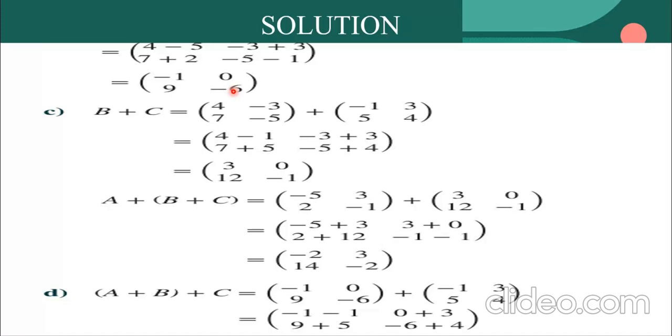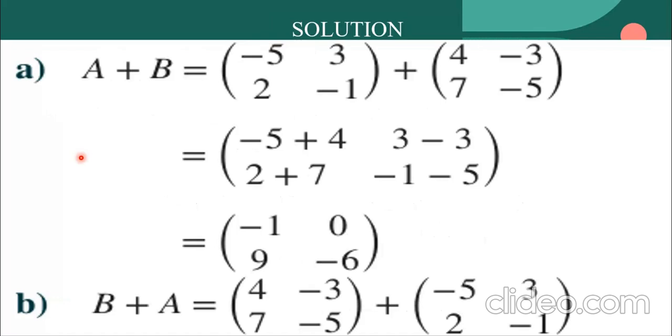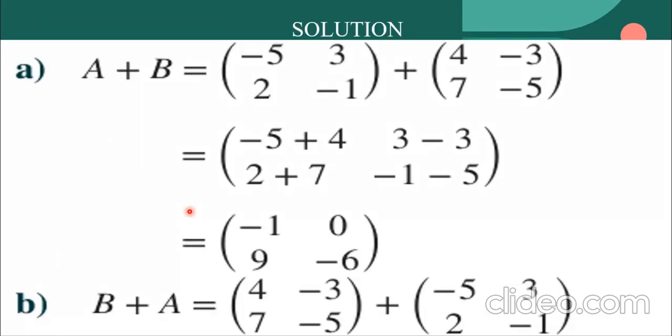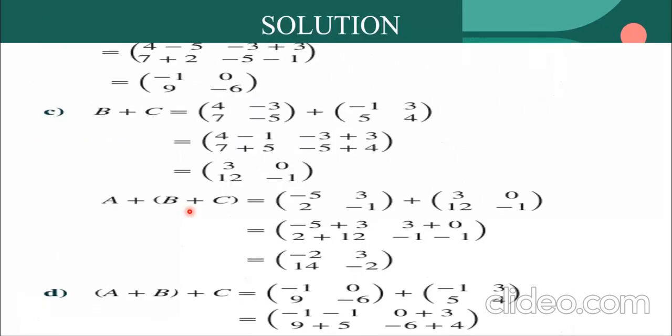All right. Then let's look at the C question. We are supposed to find A plus (B plus C). So we have to do the bracket first, that is, B plus C first.